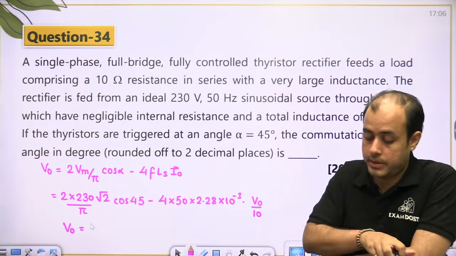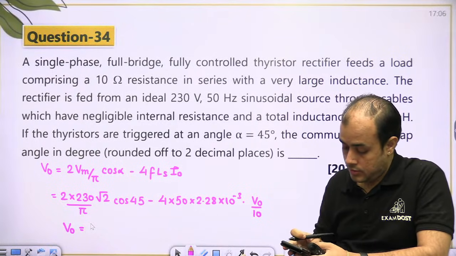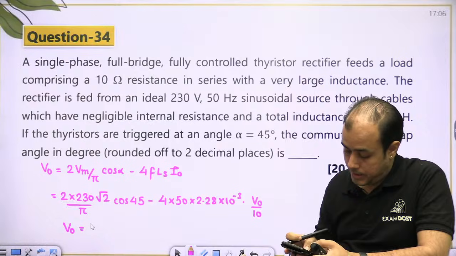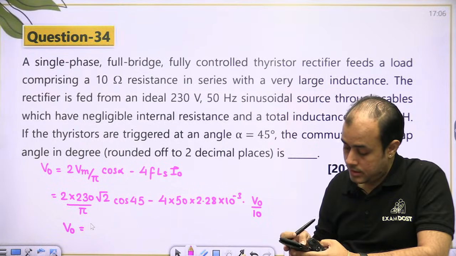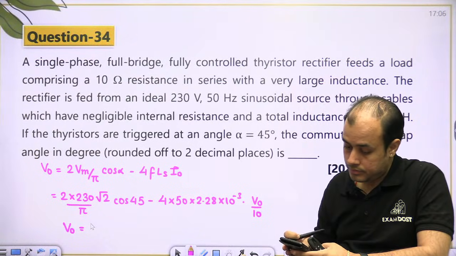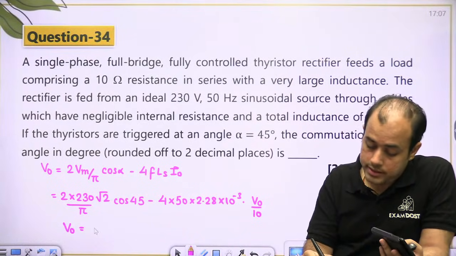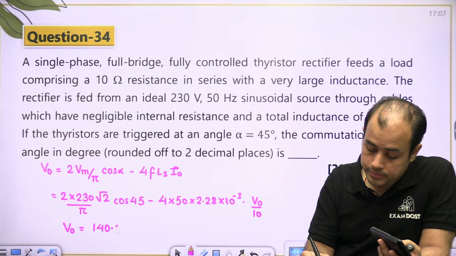So from here I can find V naught: 460 root 2 by pi cos 45. Collect the terms of V naught on one side. 140.0368.